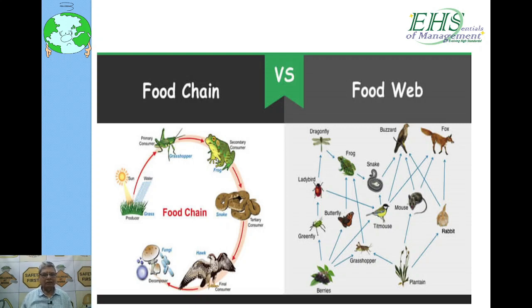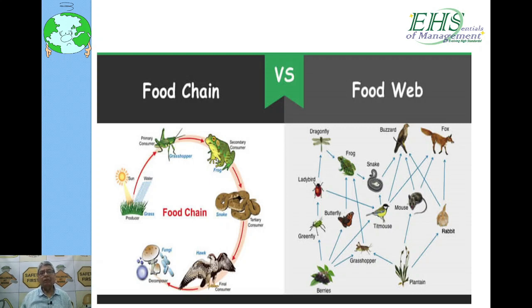And when the hawk, which is at the apex of this particular food chain, excretes, or when it dies, that excreta or its dead body is decomposed into the earth. So this is the single food chain we are discussing.